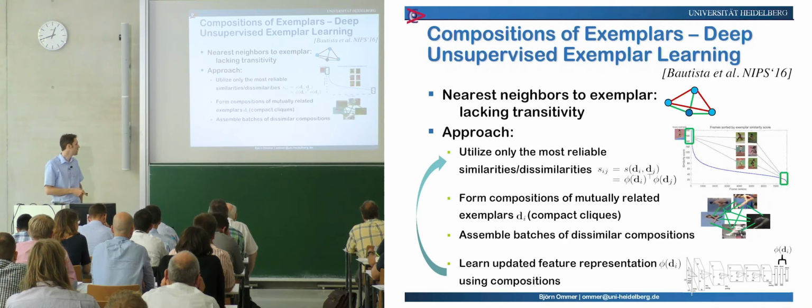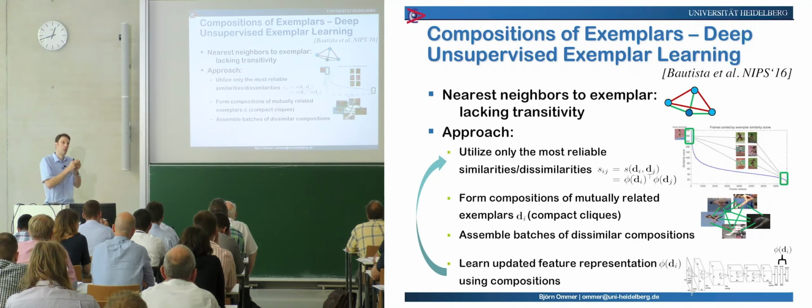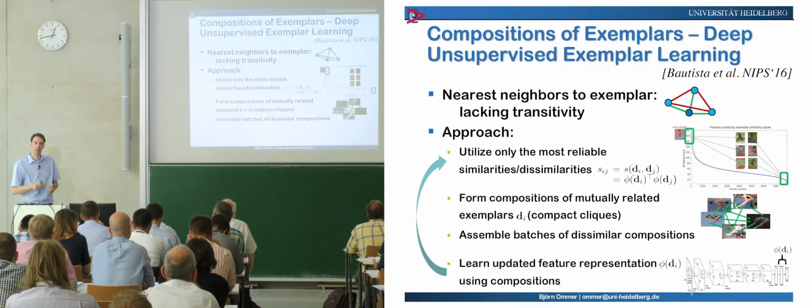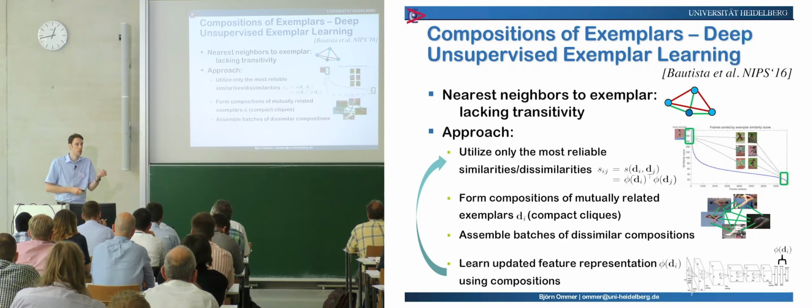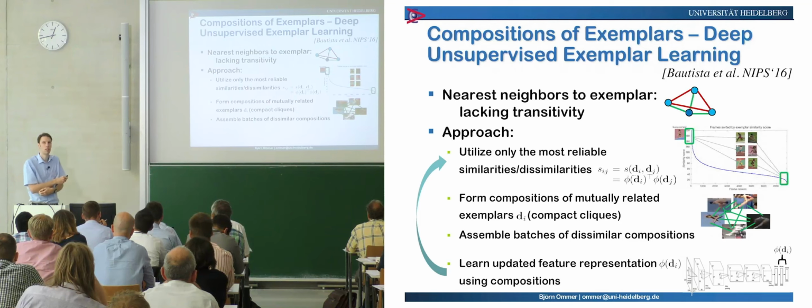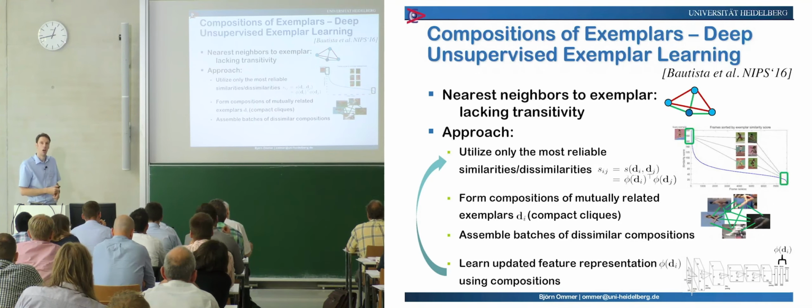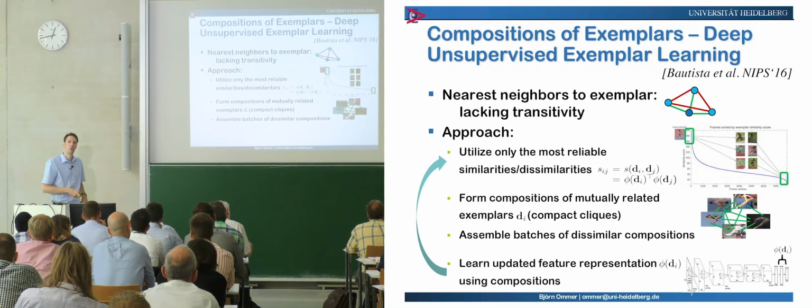But for doing that, we need compositions of mutually related samples, where we can say all of them can go into the same batch of SGD training, and they are all okay if they get the same label. And at the same time, we also need dissimilarity relationships. It's not just okay to say these should be similar, but we need dissimilarities as well. So we need to assemble batches of compositions which are mutually dissimilar.